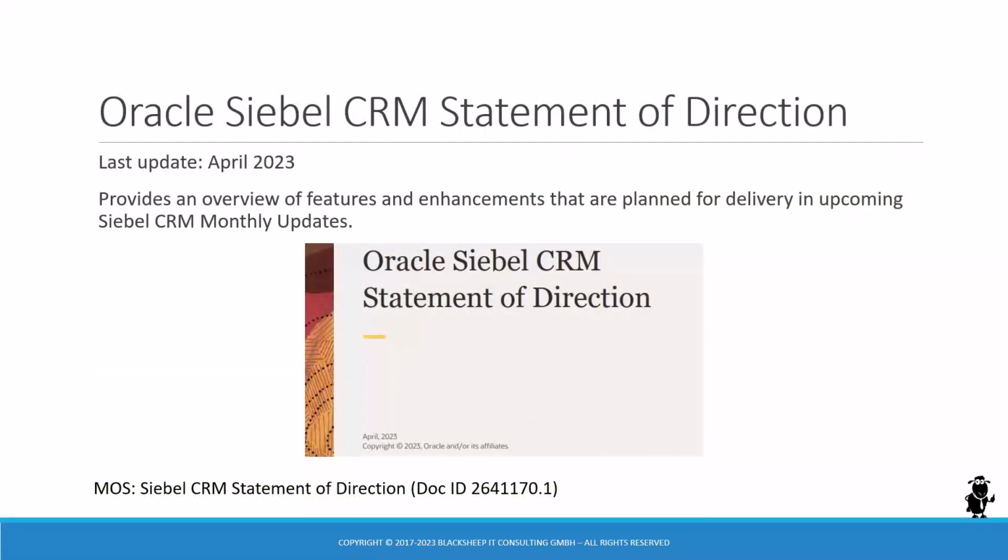And if you haven't seen it already, the statement of directions for Siebel CRM has also been updated. It's available on Oracle support, so make sure to check it out and learn about what the plans are for the future updates on Siebel CRM.